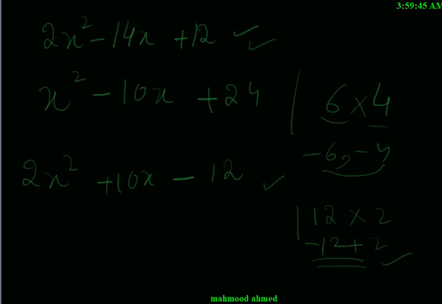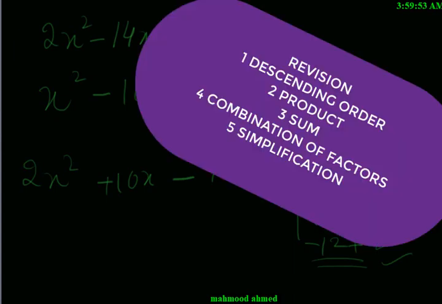But again, shortly I revise this whole process. First of all, when you have a quadratic expression, you write it in descending order, and then you find the product of the external terms, a, the coefficient of x square, and the constant term gives you the product, and the sum is always the coefficient of the x term, which is the central term.